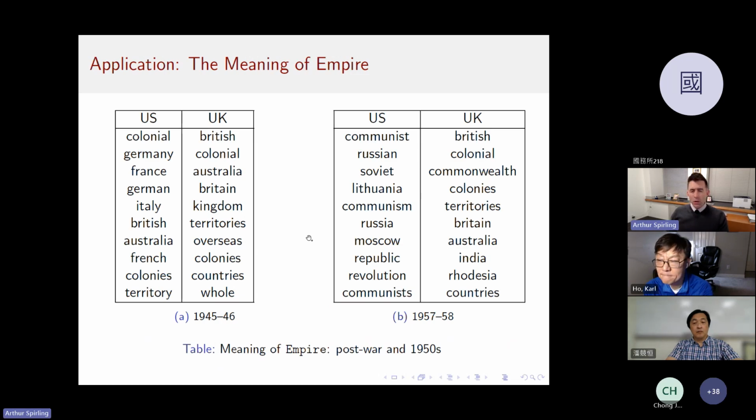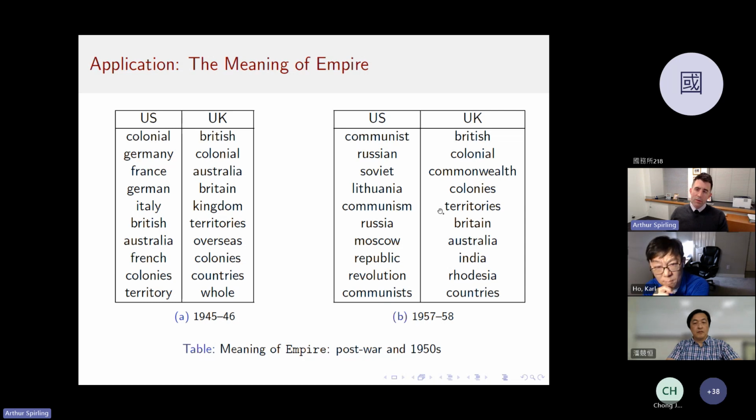So how does it differ? Well, when you look at the words, we see that both countries start out talking about empire in basically the same way. They mean it in the sort of old European sense of places that a typical European country has as colonies. So Australia, they're talking about French colonies, and so forth.